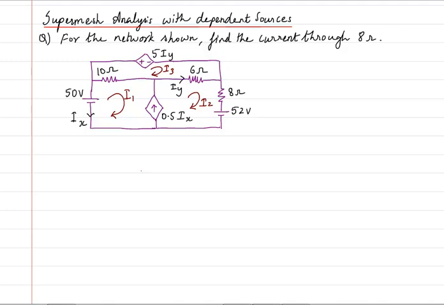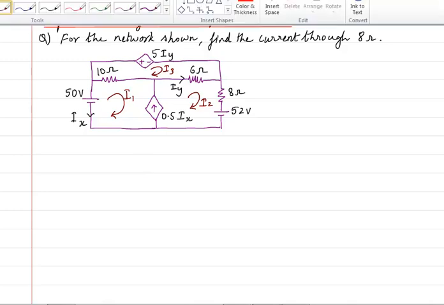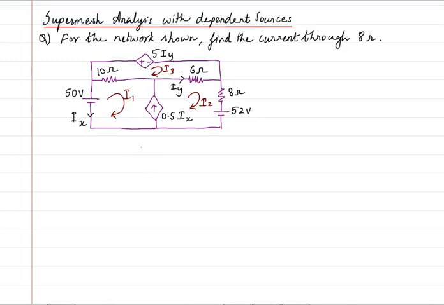You can mark whichever way you want, it does not matter, the end result will all be the same. So we can conclude some things from here. One thing is Ix is going to be in the opposite direction of I1, therefore Ix is going to be equal to minus I1. So we will use that whenever we require it.